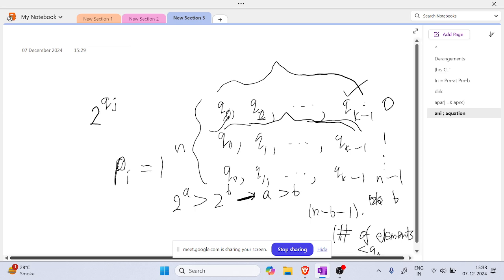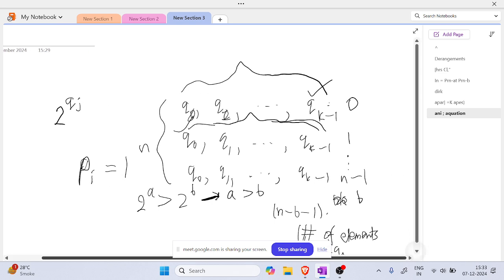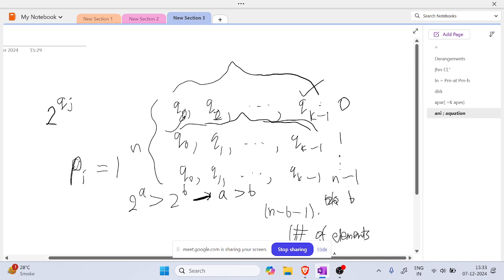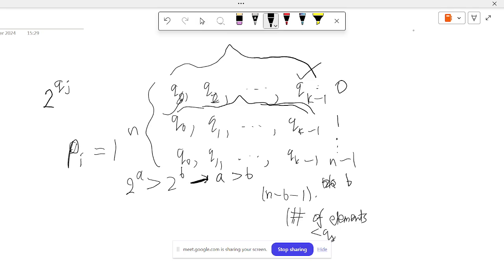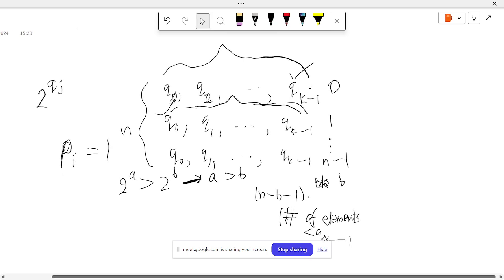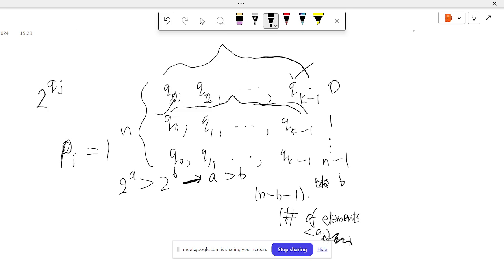less than qi, and it does not matter whether they appear later or earlier than qi, their position in the array does not matter, because we already counted the inversions within the block, and we are just counting the inversions outside the block now.